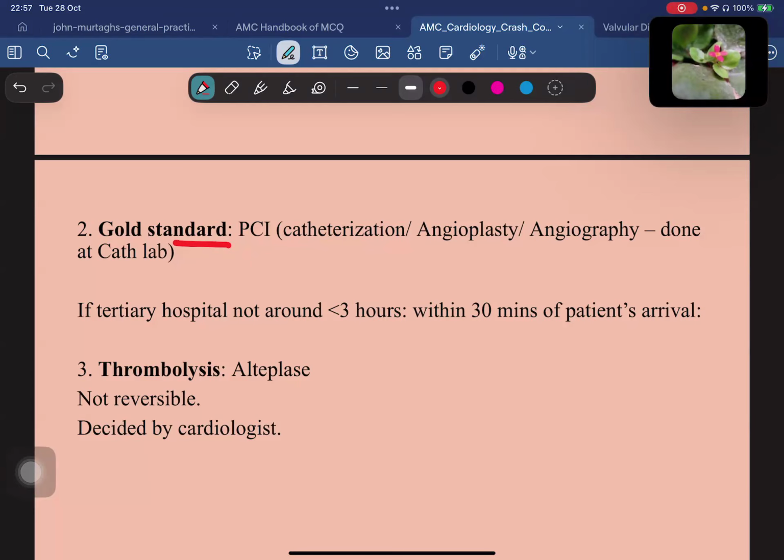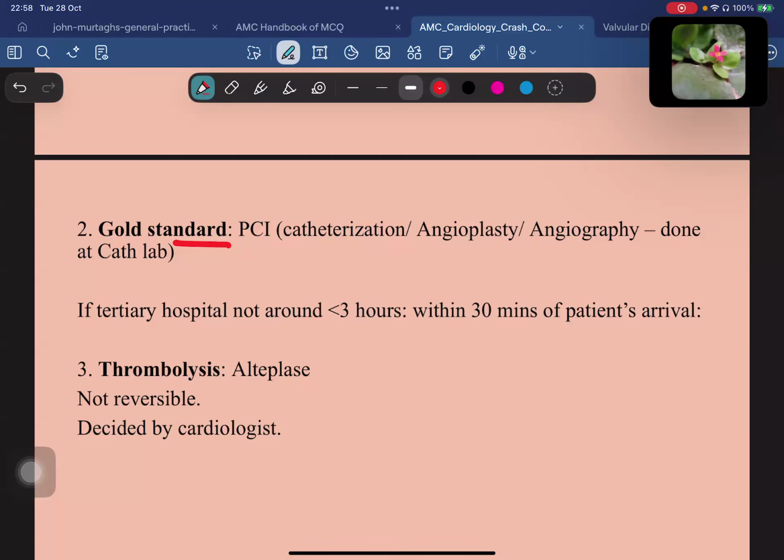So this decision is made by the cardiologist. When it comes to cardiology, you wouldn't even think questions like this would come up in your AMC cardiology section, right? But those are the type of questions they try to ask us.